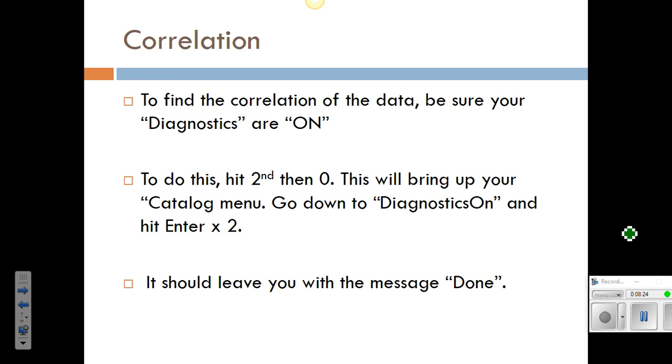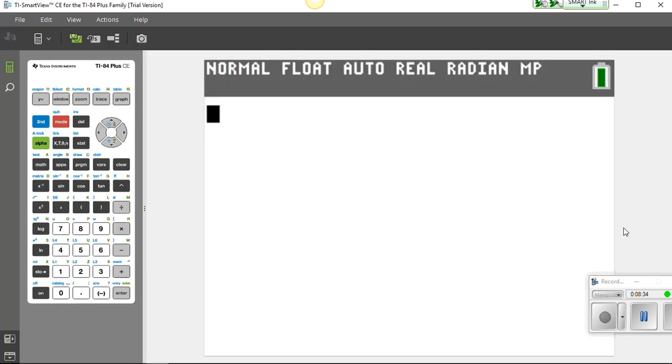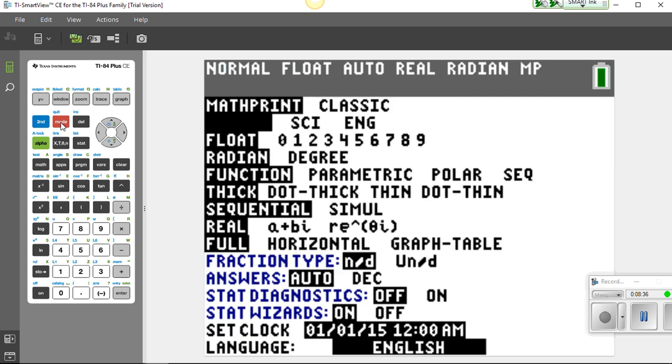and then it will give you a message called done. If you have one of the newer calculators, I'm going to show you how to do it. So going over to the TI, if you hit mode, you see how I hit mode here? It brings up this menu. Notice that if you go down here to stat diagnostics on, you see that right there?